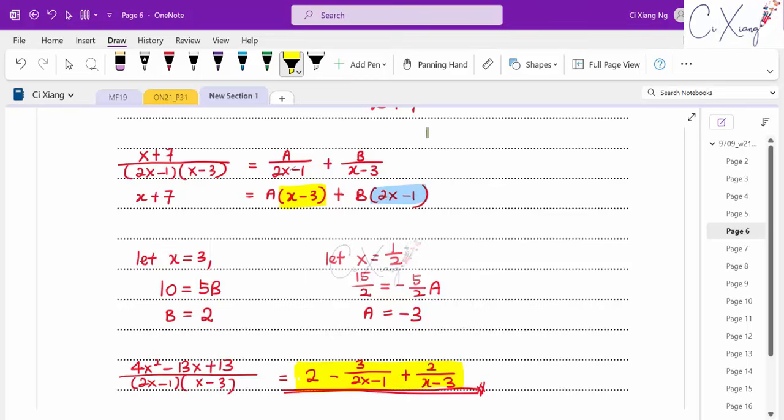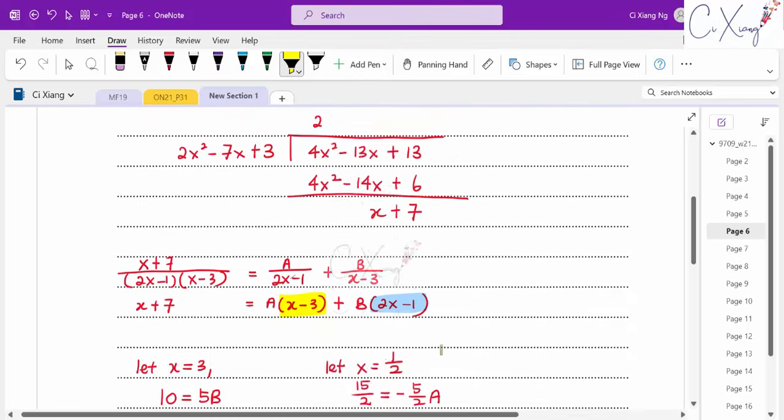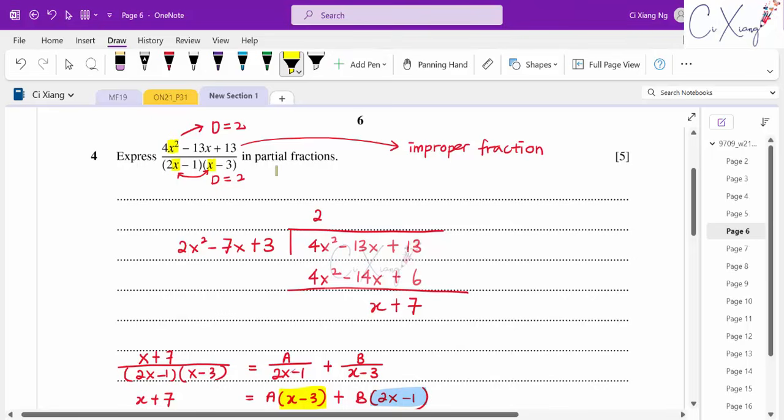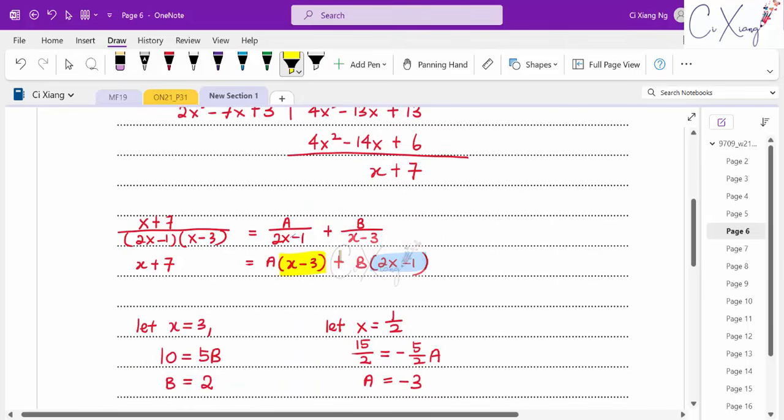And then for this question, before you want to find the partial fraction, don't forget to check whether your question here belongs to improper fraction or proper fraction. I think there are a lot of students who usually didn't check. So they'll straight away proceed to the step to find the partial fraction, which is wrong.